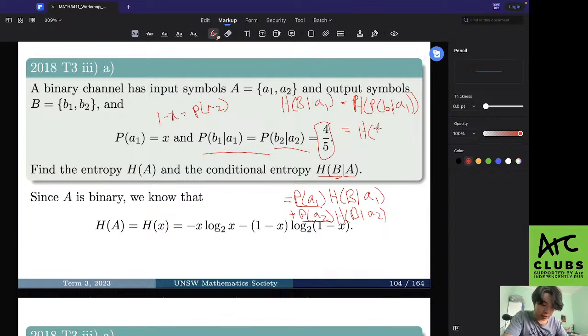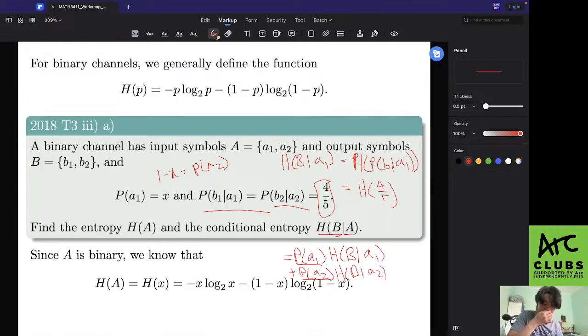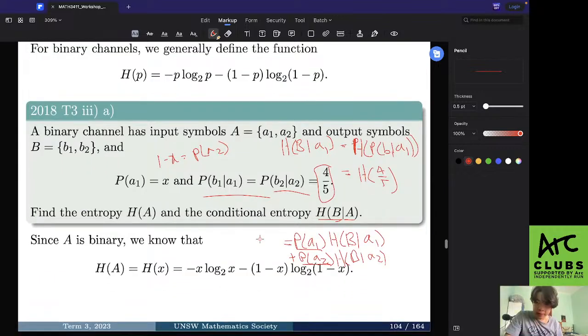And so we only need to find the entropy of 4 over 5, and we can use the formula above to calculate that. Similarly, we know that H of B given A2 is just the entropy of the probability of getting a symbol in B, knowing that we already received an outgoing symbol of A2, and this is just 4 over 5 as well.